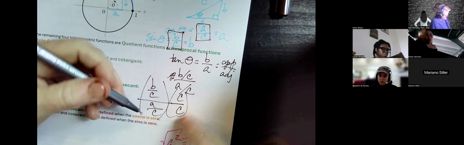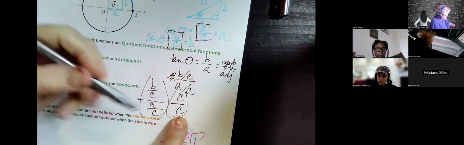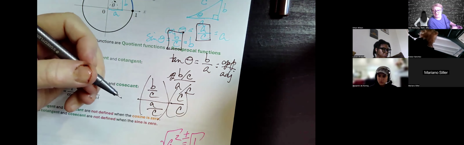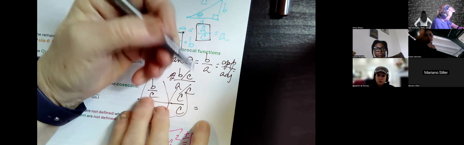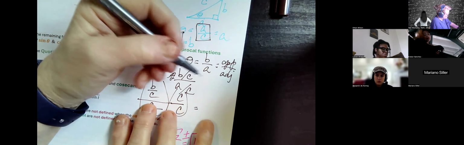So I'm going to multiply the whole top by C and the whole bottom by C. And remember, I said we're going to multiply rather than divide. I mean divide rather than multiply.